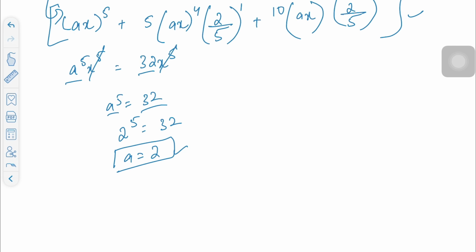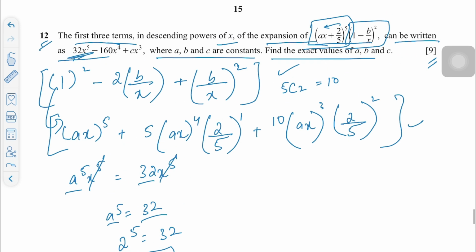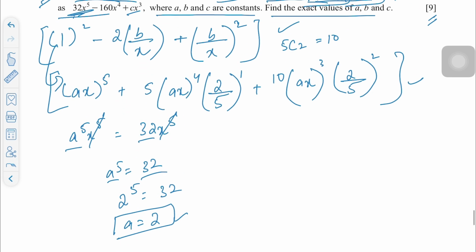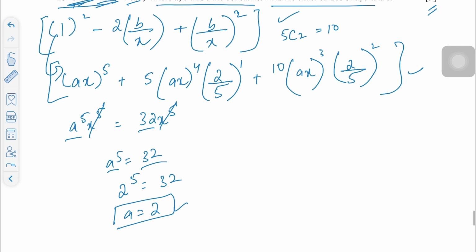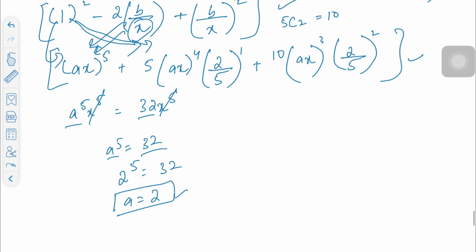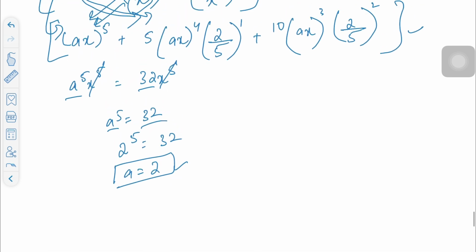We have our a. Now we have to calculate b and c. So for b, we can multiply this 1 by this value and this by this, because if we multiply x by x to the power 5, this would be x to the power 4, and if we multiply 1 by x to the power 4, this would again be x to the power 4. Let's just multiply it. 1 would be multiplied by 5 and this, so the 5 and 5 would be cancelled out.